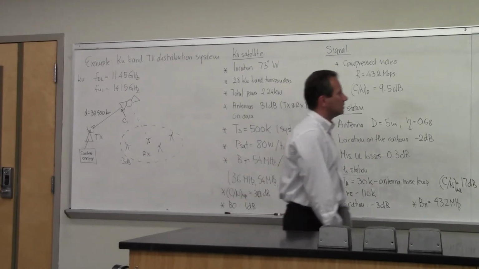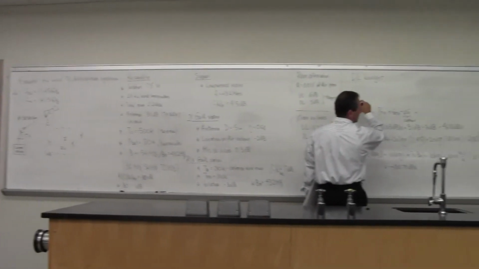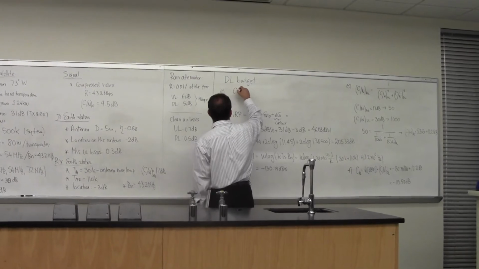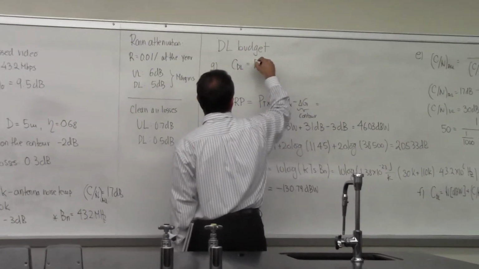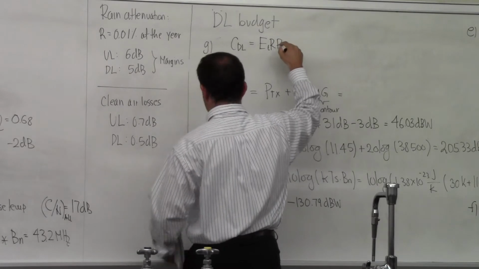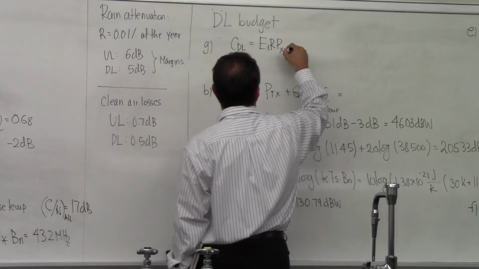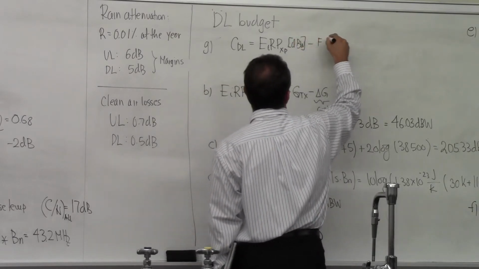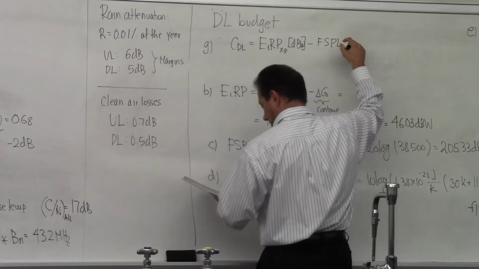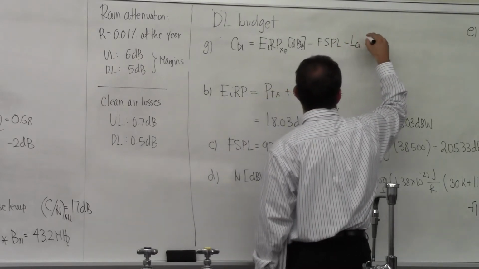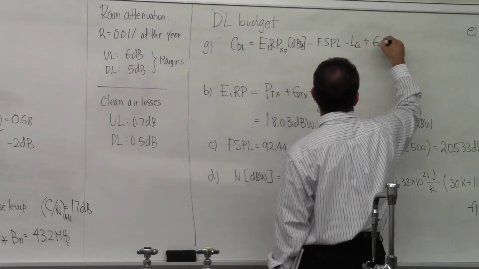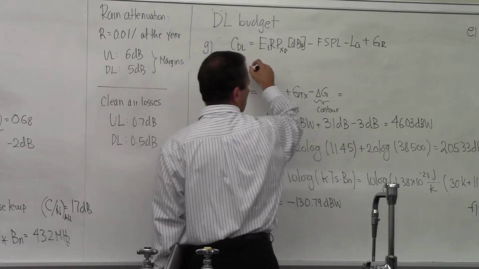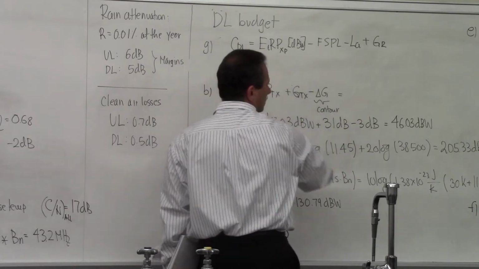We say that C on a downlink is going to be EIRP on your transponder in dBW minus your free space path loss minus your antenna losses plus the gain of the receive antenna. And if I substitute here, I get minus 113.58 dBW.